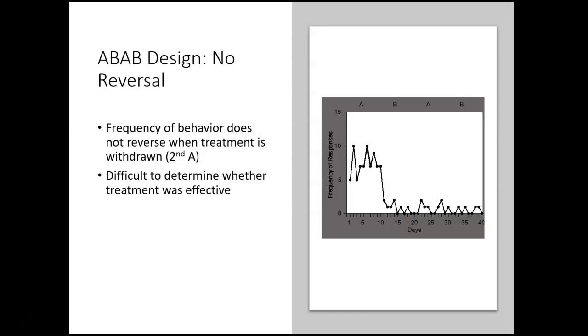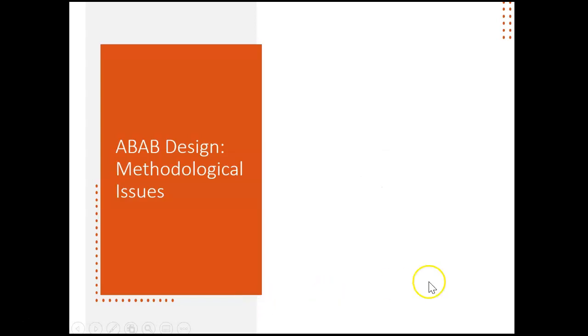So even there, it's difficult to determine, was it really the treatment, or was it something that the child or the individual learned that was coincidental to the treatment. So that's an interpretation issue. There are some other methodological challenges with these designs.